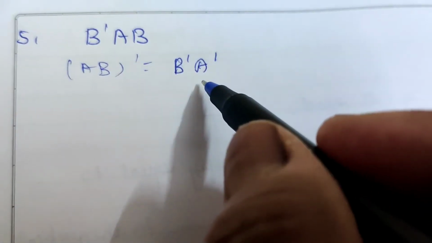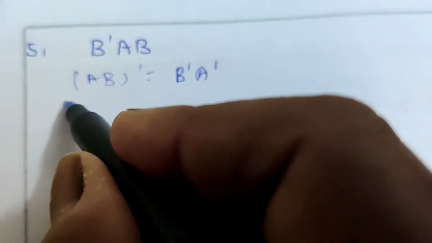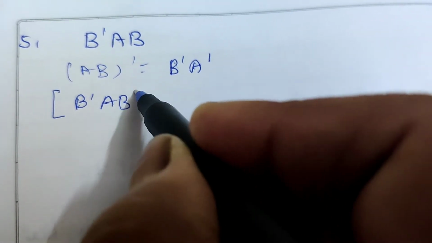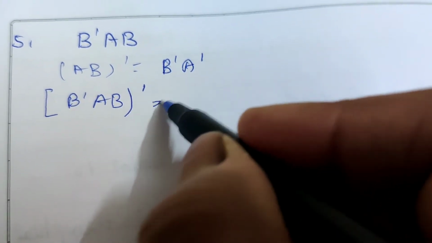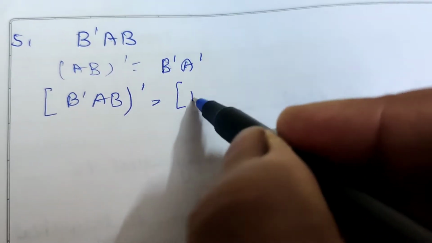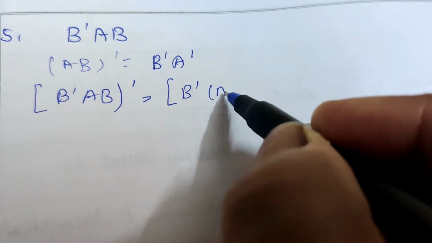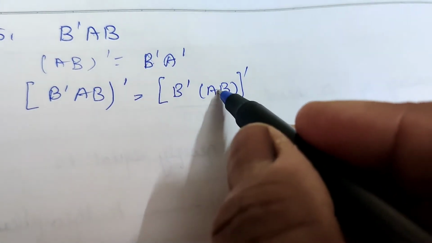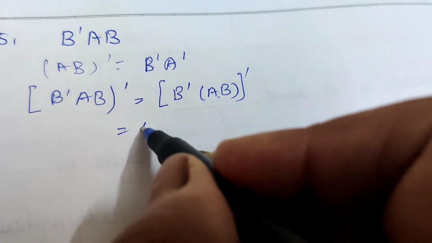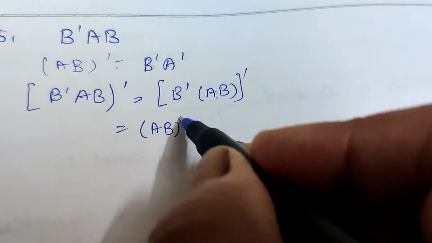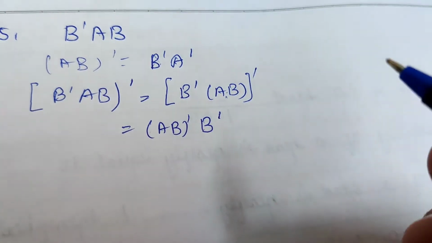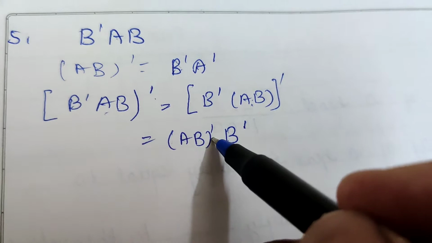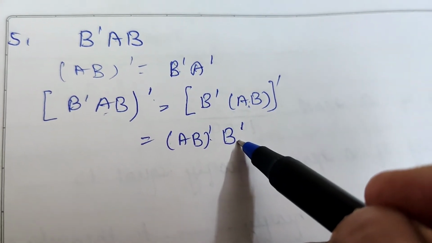This is the property. Now we can write this one as (B dash AB) whole transpose. Using this property, तो इस ट्रांसपोज करने के लिए, सेकेंड नंबर आगे आएगा AB transpose and then B transpose. The transpose of B dash AB equal to (AB) transpose and B dash transpose.